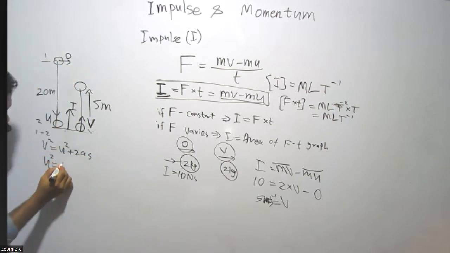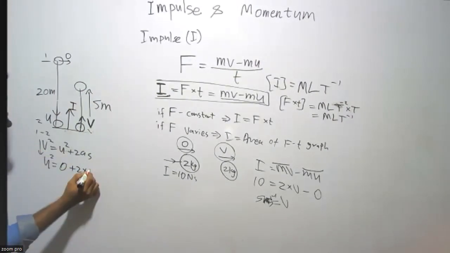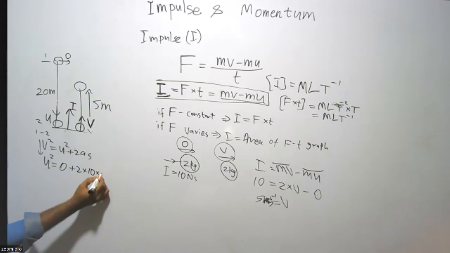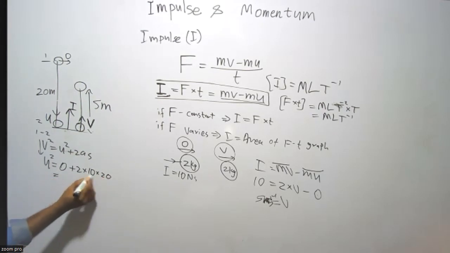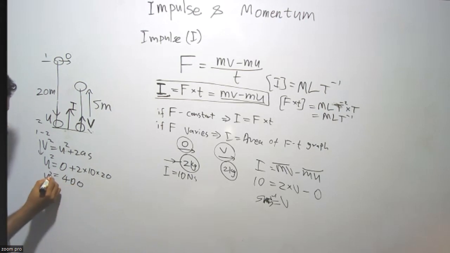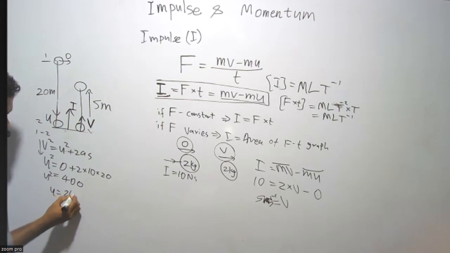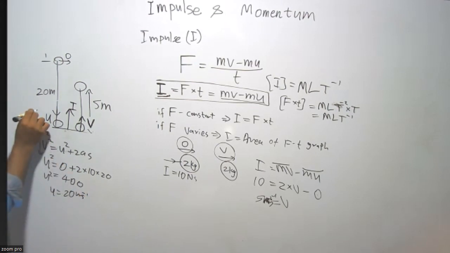Acceleration downwards is 10, s is 20. So 2 times 20 is 40, 40 times 10 is 400. So u is root 400, which is 20 meters per second. So it hits the ground at 20 meters per second.